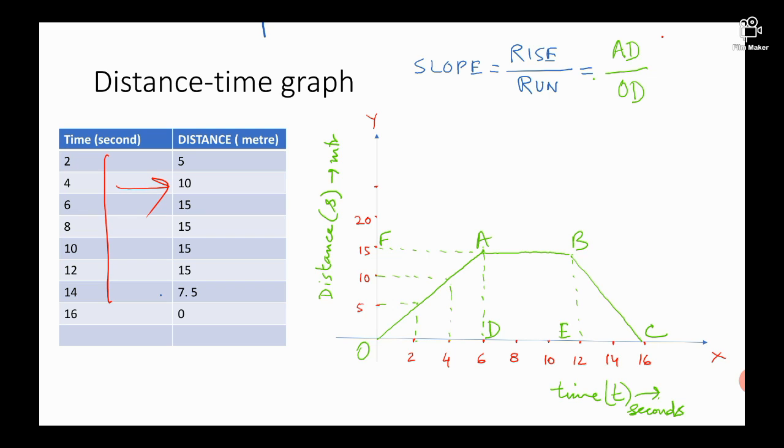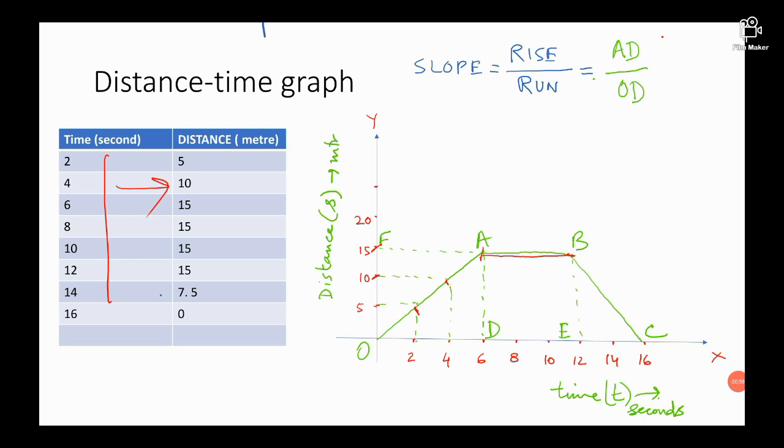When we plot the data given in the table, we get a straight line and segments OA, AB and BC. On segment OA every 2 seconds the object travels a distance of 5 meters. At 4 seconds it travels 10 meters. At 6 seconds it travels 15 meters.